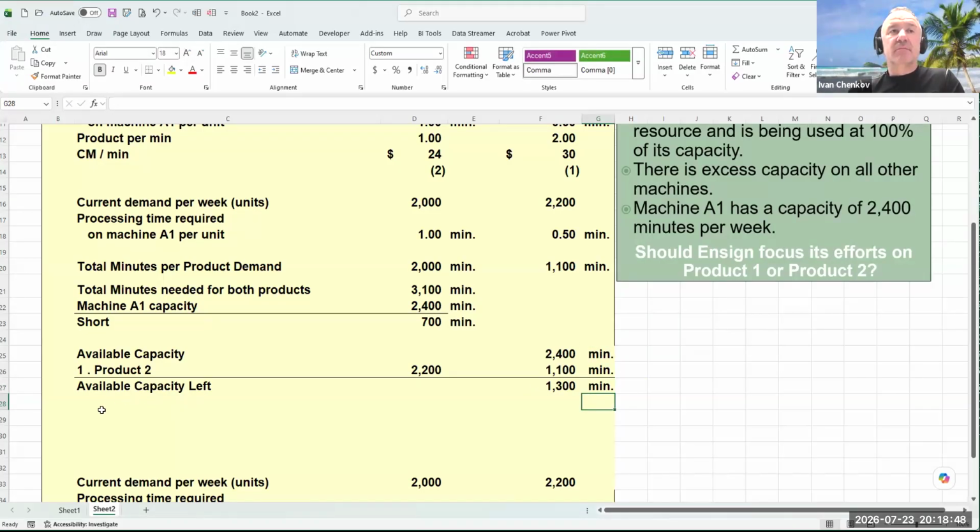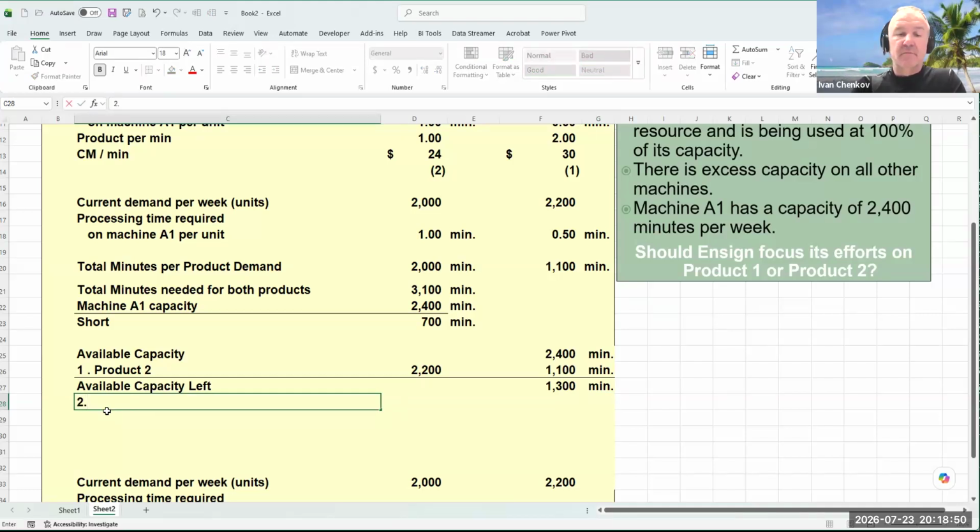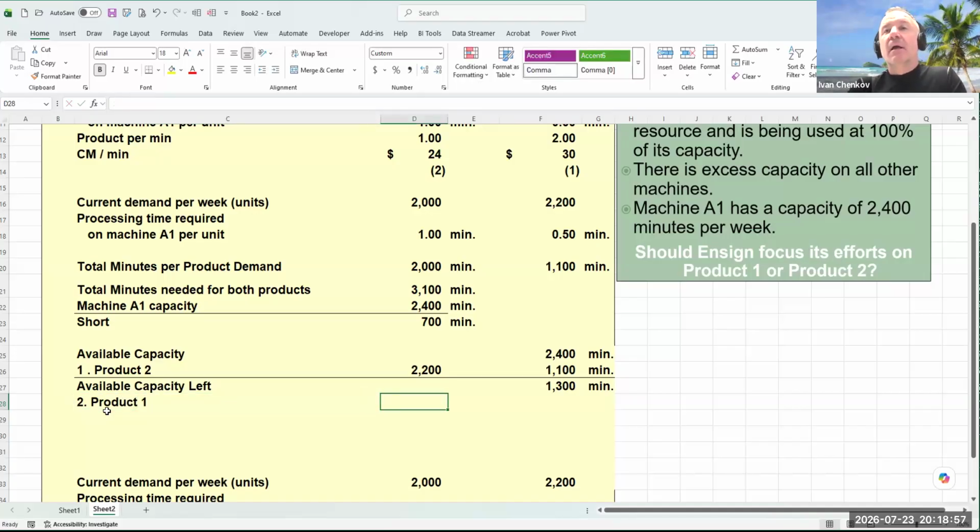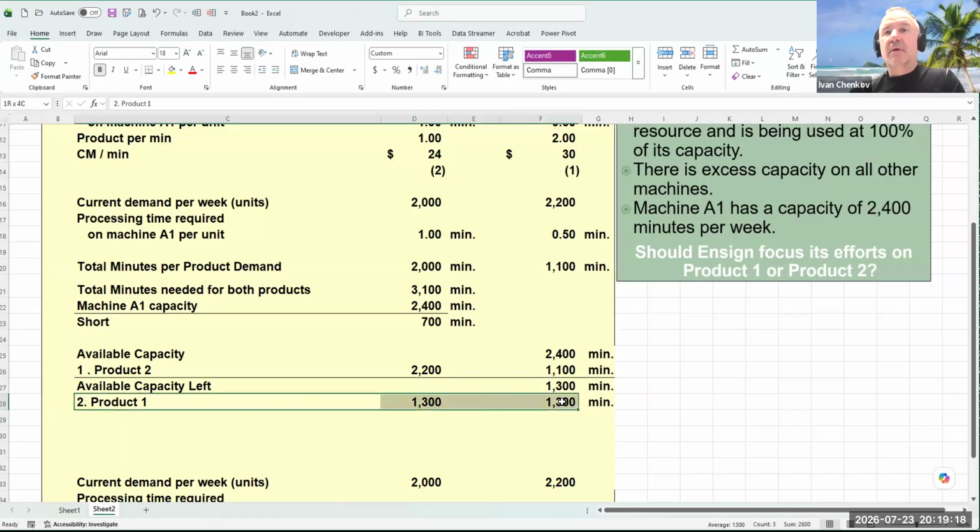Focus on product one. Since for product one I need 1 minute to produce one product, I can produce a maximum of 1,300 units. That's how I'm going to utilize my 1,300 minutes left. After that, my available capacity will be 0.